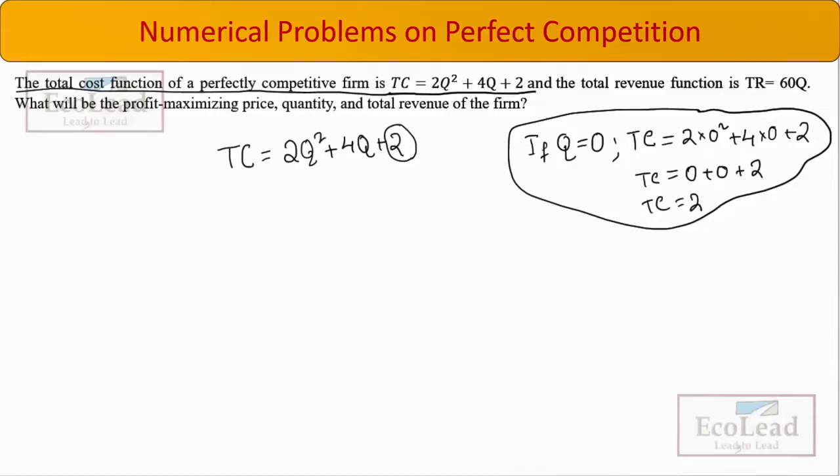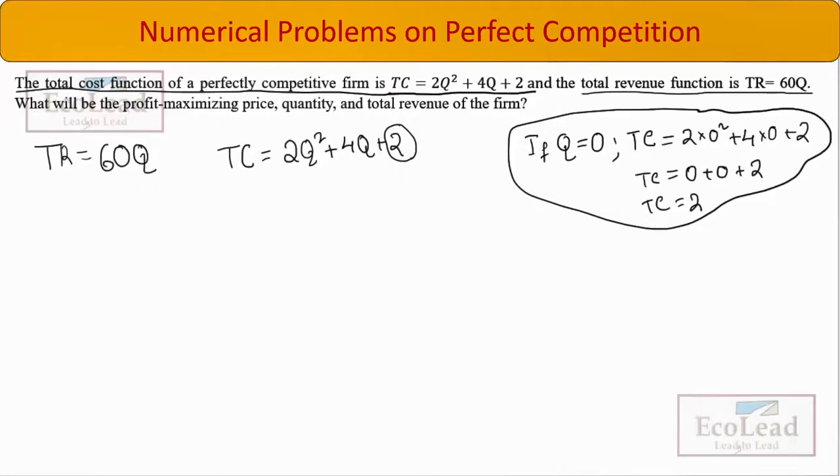The next information says that total revenue function is TR equal to 60Q. So these two pieces of information we do have.